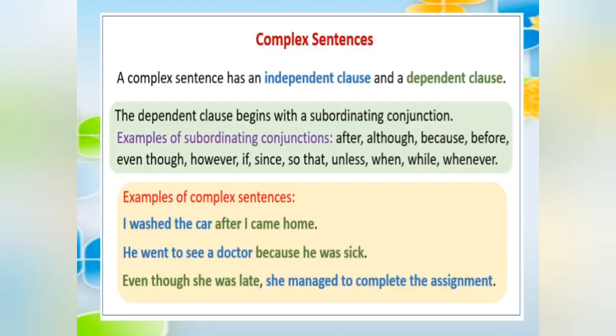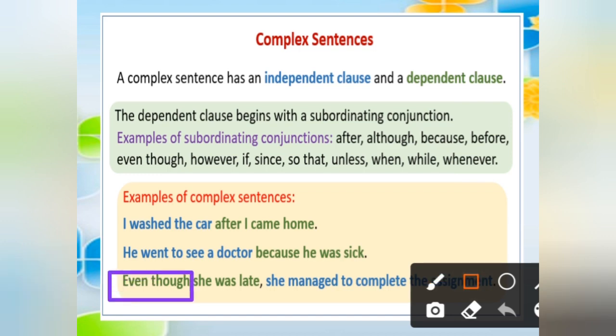After reading this whole sentence, are you getting a complete idea? Don't you think this sentence is incomplete? Definitely it is incomplete. For completing the meaning, we want something else. So what have we put here? We have put an independent clause. So I think you have understood.